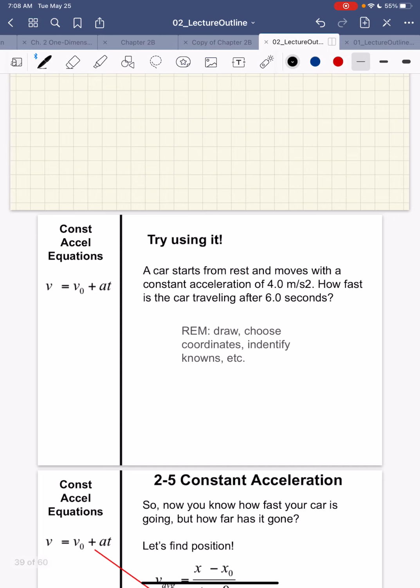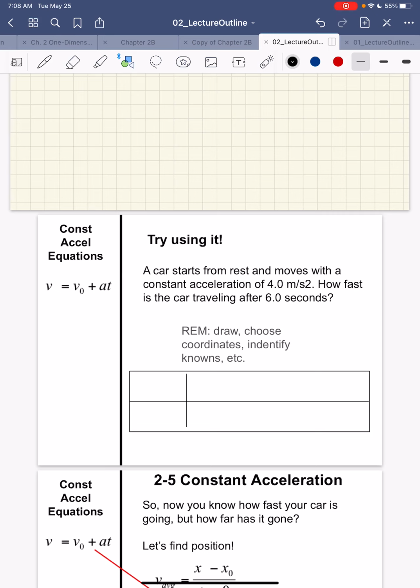There is a car that starts from rest and moves with a constant acceleration, like the question is saying it frankly. As I said, I like to have that table here for my quantities. I feel more comfortable when I have these written in that table.